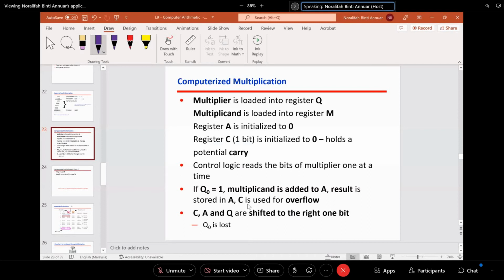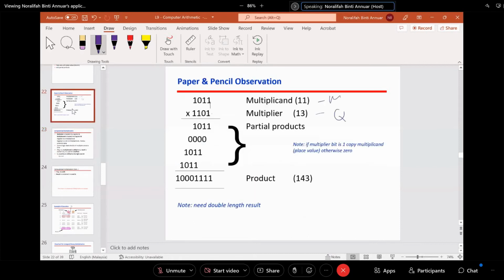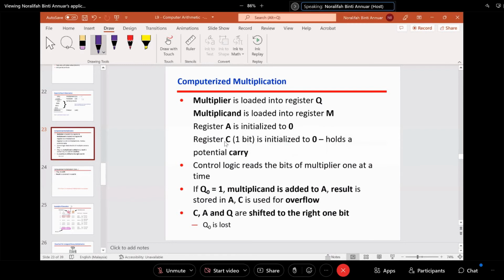Position 0, that is Q0. So we have the multiplicand, which is 1011. Multiplier is 1101.